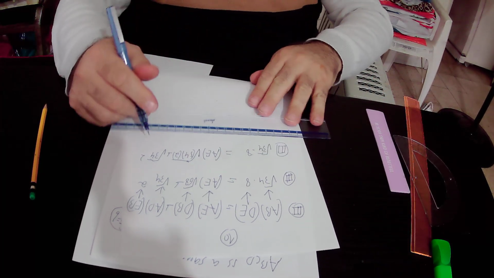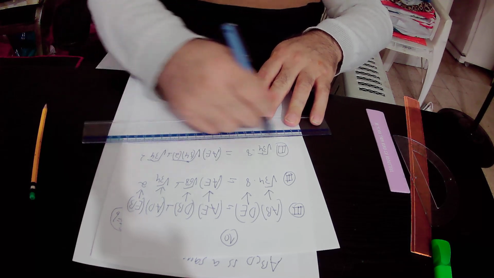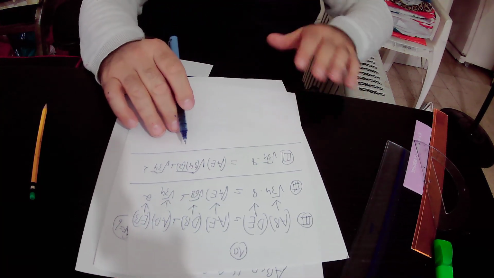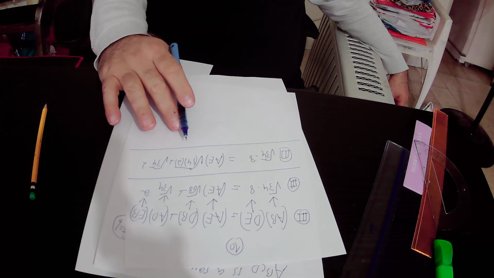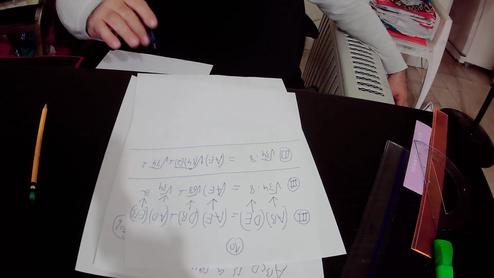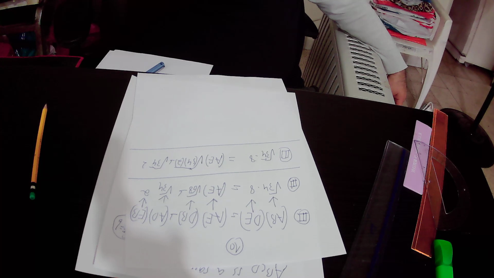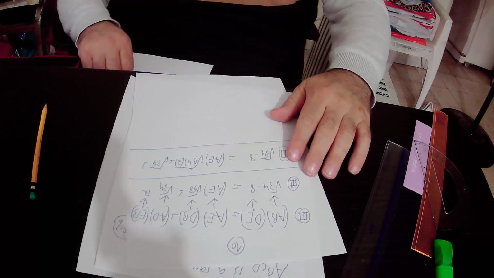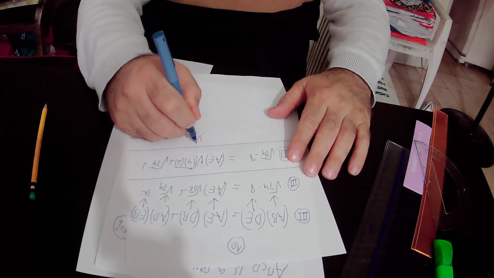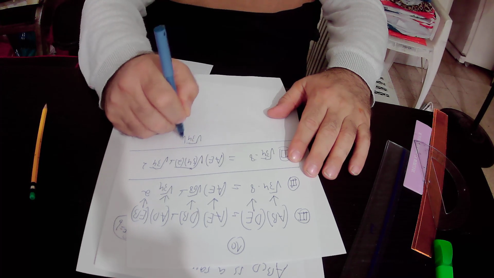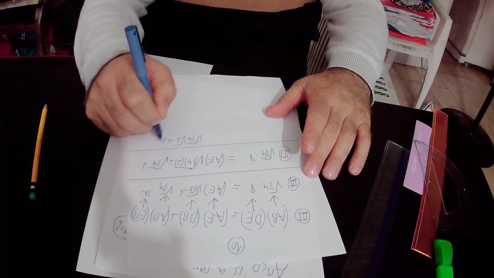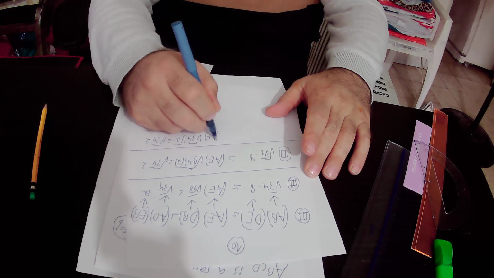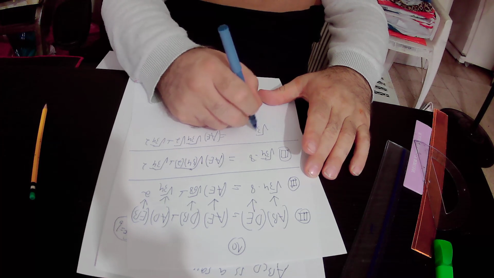So here we have the square root of 34 times 2. According to the rule that the square root of a times b equals the square root of a times the square root of b, the square root of 34 times 2 equals the square root of 34 times the square root of 2, plus square root of 34 times 2 times AE equals square root of 34 times 8.